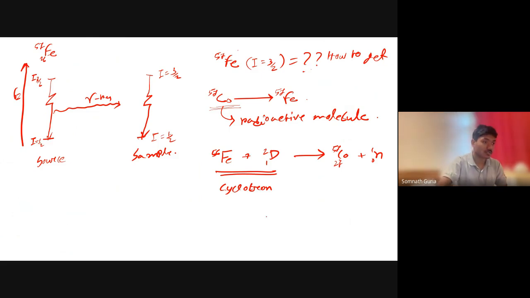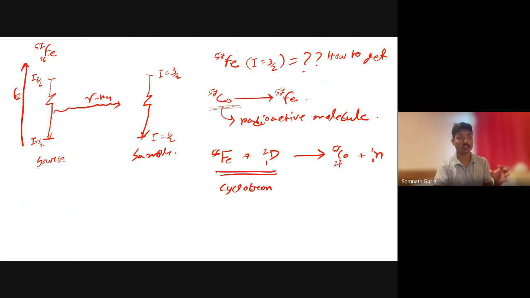In this instrument we provide a huge magnetic and electric field, enhancing the energy of the deuterium atom.